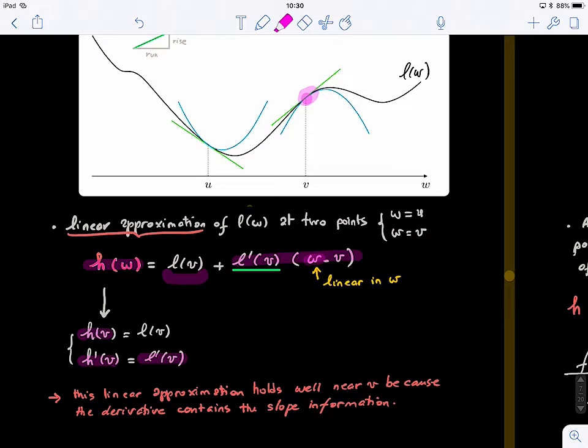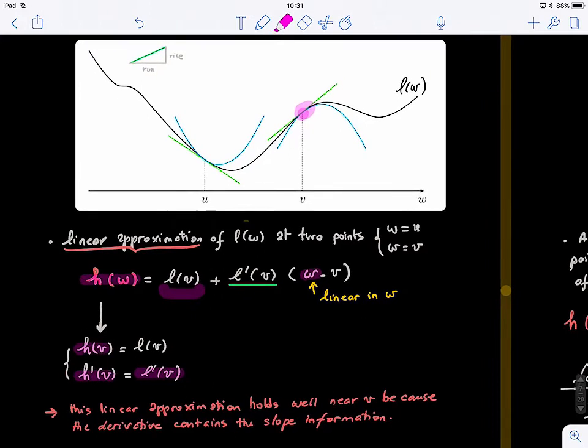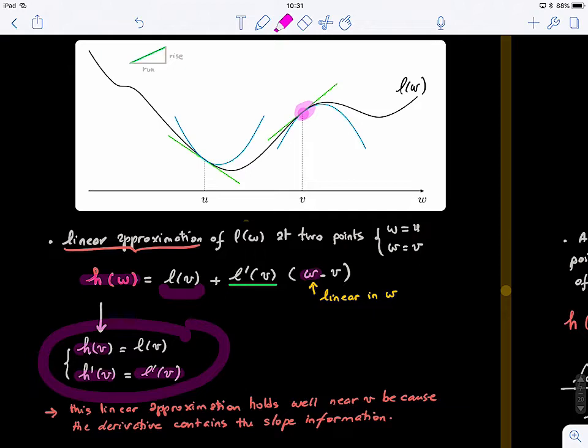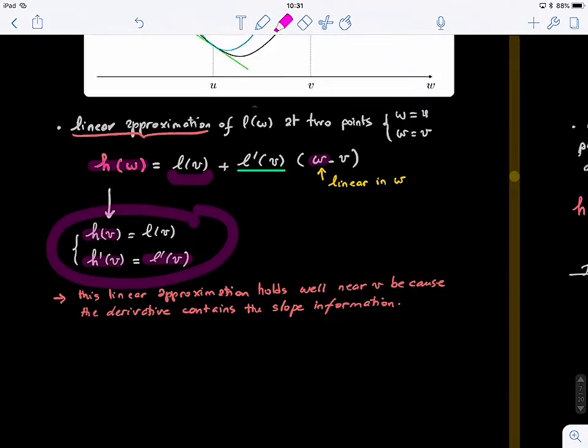And for the derivative, you need to keep in mind that we are computing the derivative with respect to omega, so the v is a constant, and then we evaluate it at v. So you can see nicely that this h function has exactly the same slope and the same value at v. That's why we call it first order linear approximation.